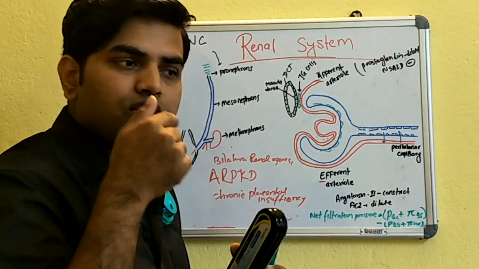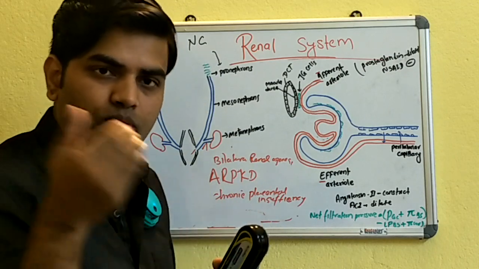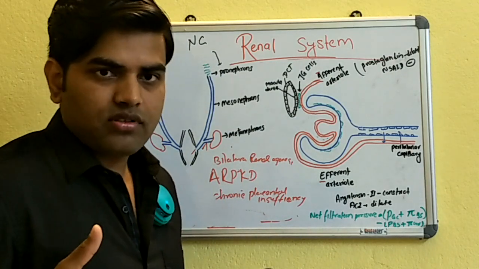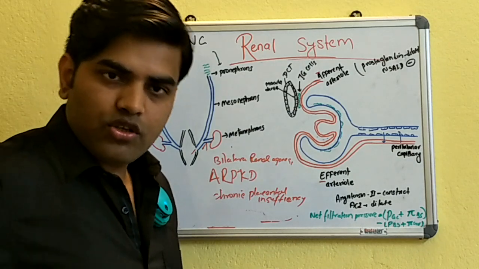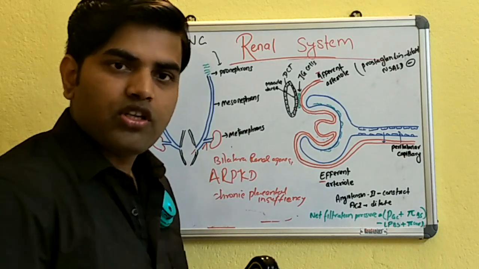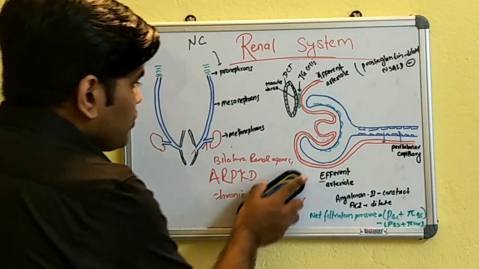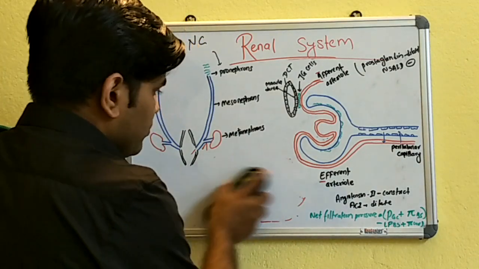So a urethral blockage will lead to bilateral hydronephrosis. That is important: one side, unilateral; in the urethra, bilateral. Okay, so we have talked about this also.